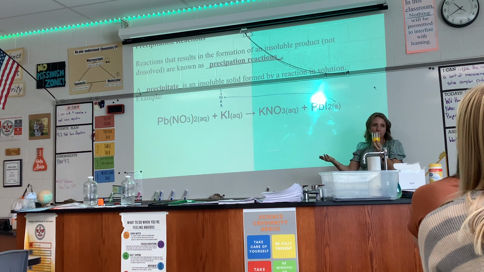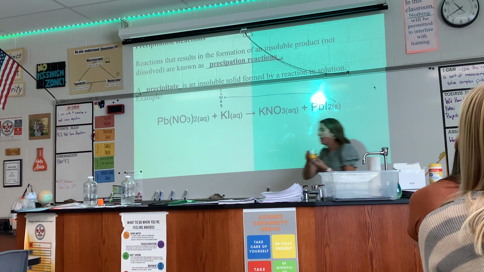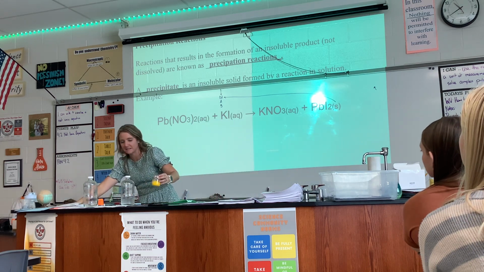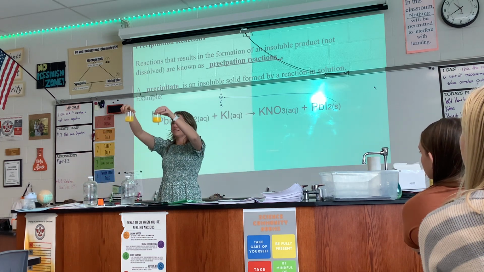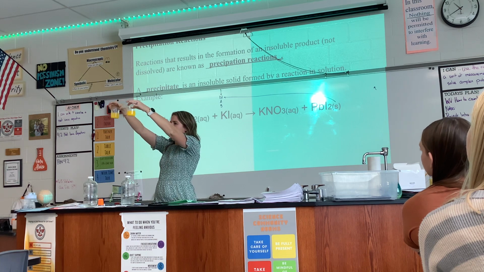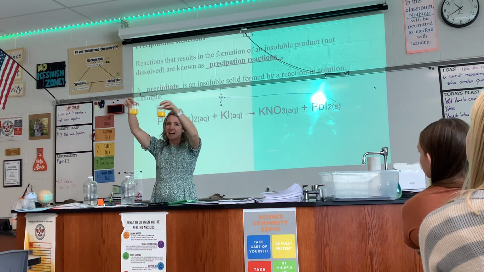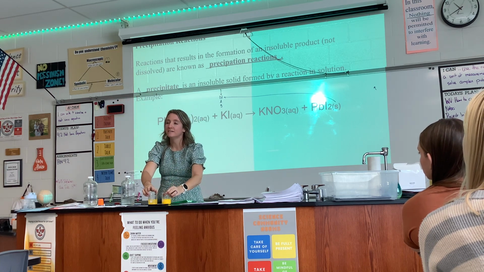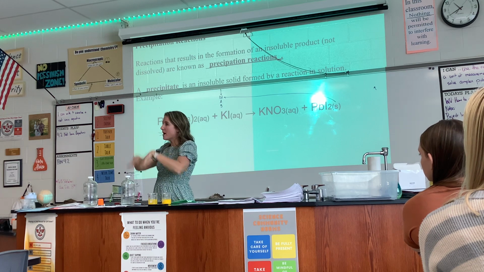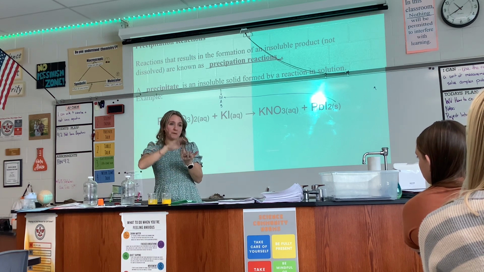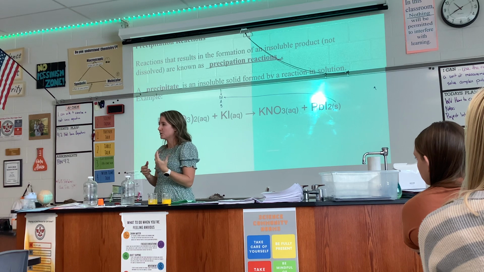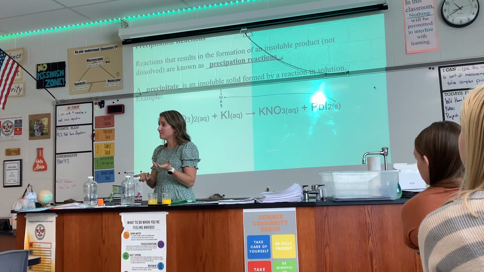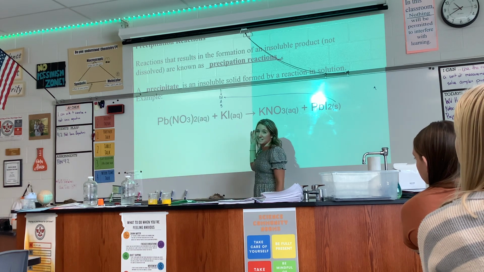That looks like chocolate milk. But if you let it settle, I'll show you last period's. It's not all the way settled, but here's last period's. Can you see it starting to get a little clear? That's weird. Okay, so as I let it sit, the powder, because of density, will settle to the bottom, and then I could use filter paper, get it out, and I have a dry sample I'll show you at the end of the powder itself. Okay, so that is the idea of a precipitation reaction.